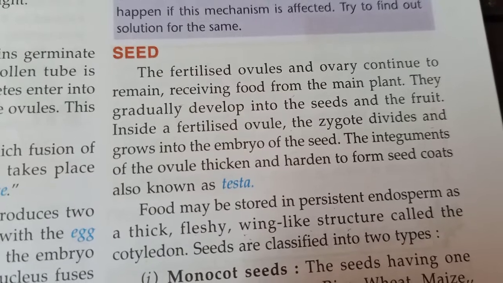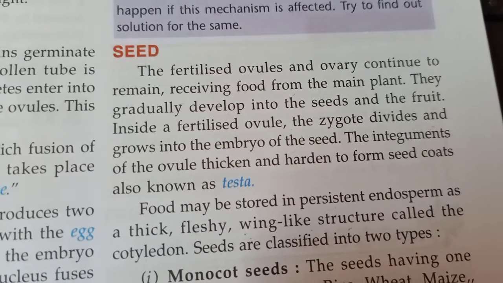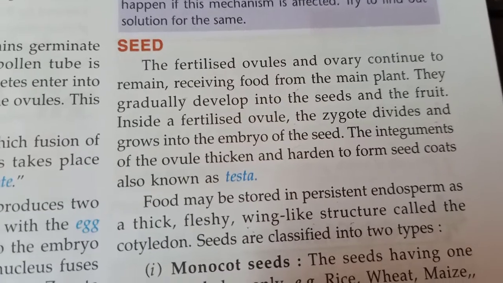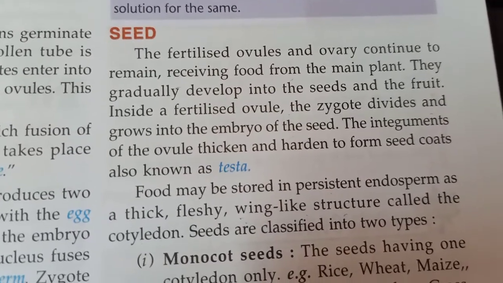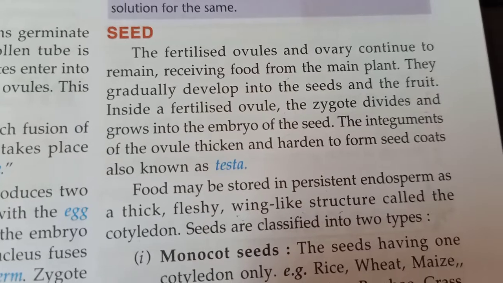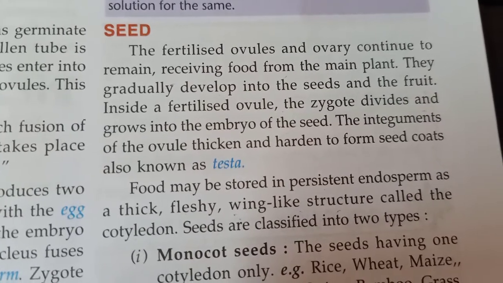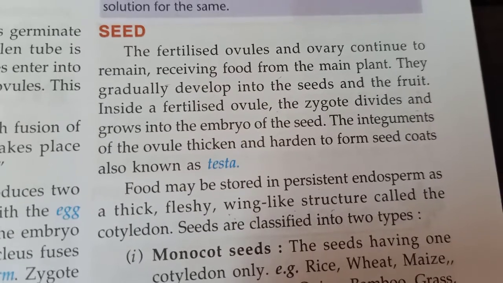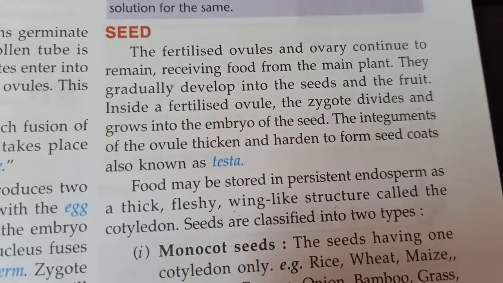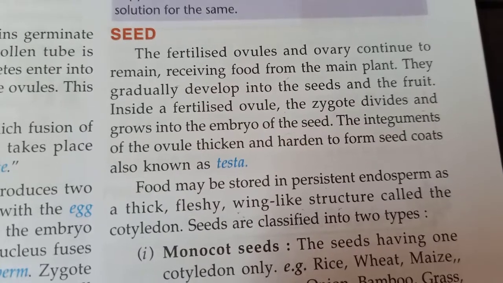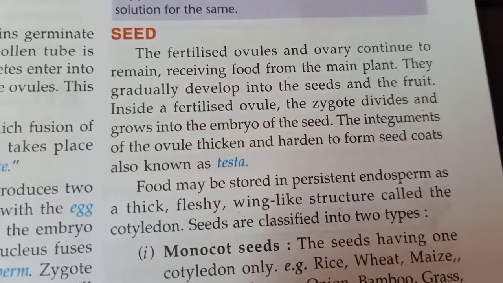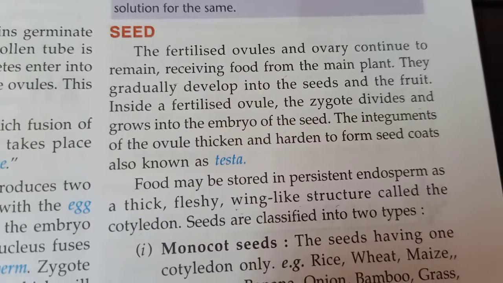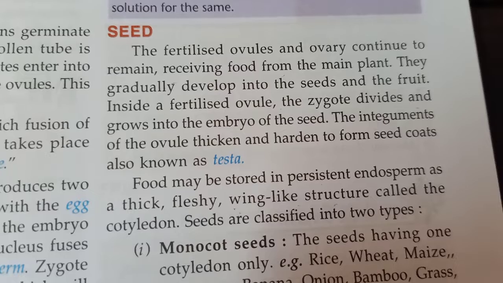When the ovules and ovary receive the food from the main plant, they develop into seed and the fruit. Inside a fertilized ovule, the zygote divides and grows into the embryo of the seed. The integuments of the ovule, integuments meaning the tough protective layer, cover the plant.